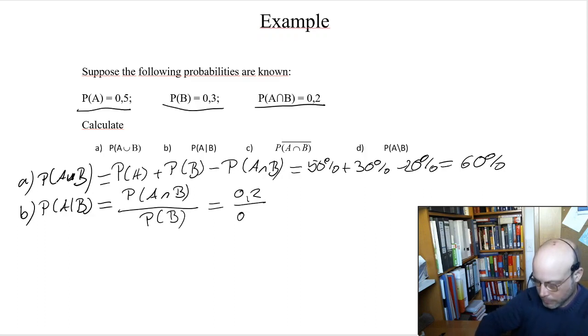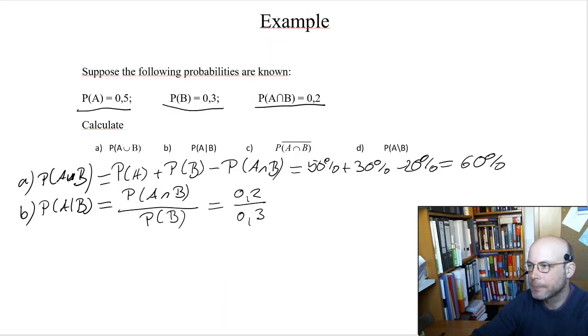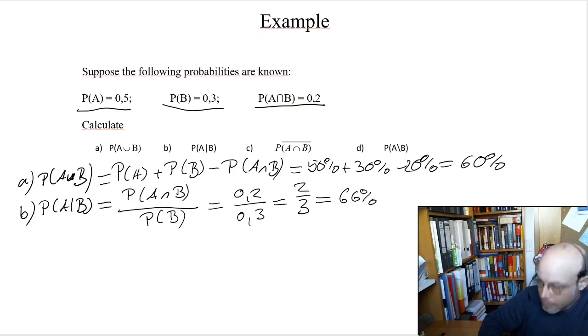Rule 2 over 0.3, because then, of course, we have 2/3, right? That is 66%, okay? Yep. So maybe you just made a little mistake. This could happen.